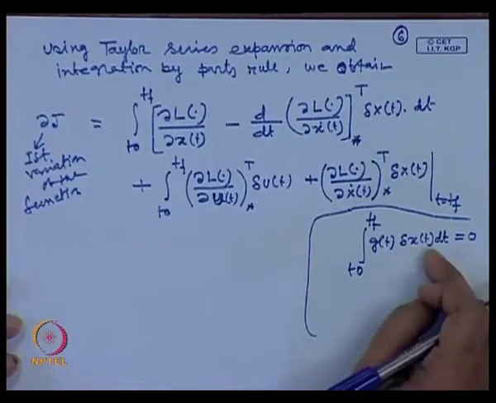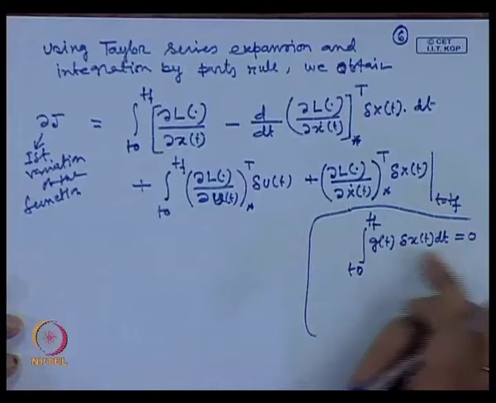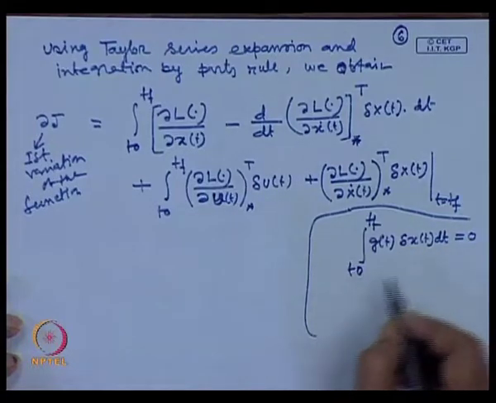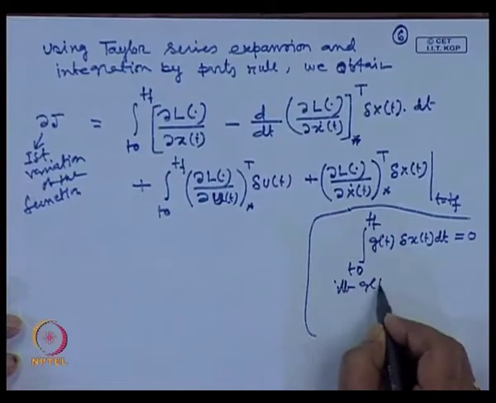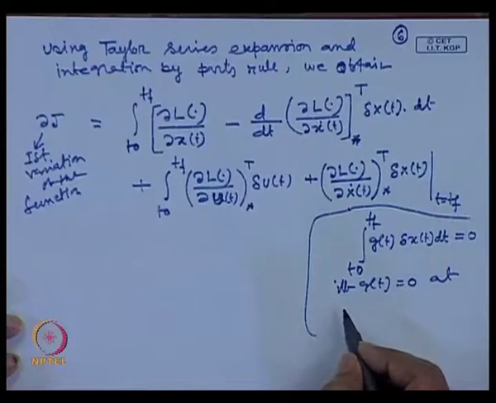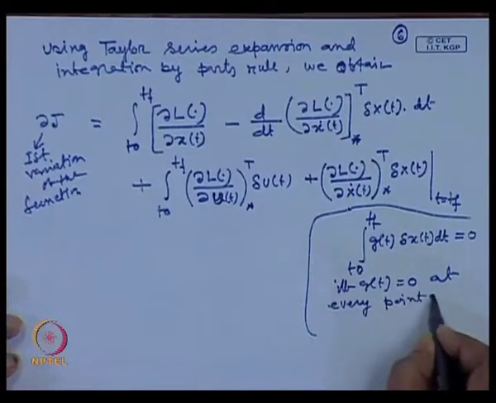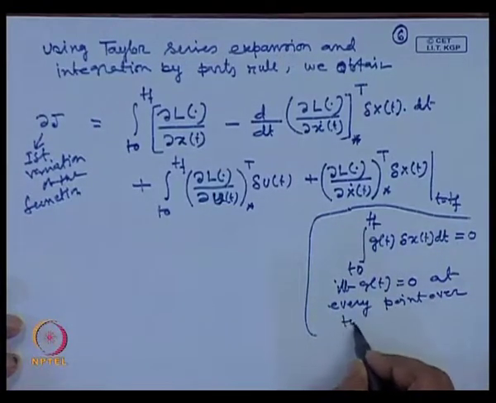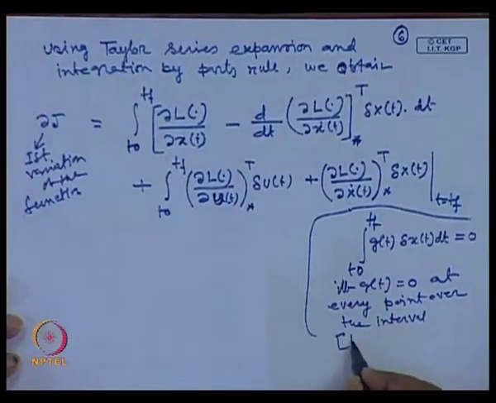If we integrate with respect to time t, that value will be 0 if and only if g of t is equal to 0 at every point over the interval t 0 to t f.